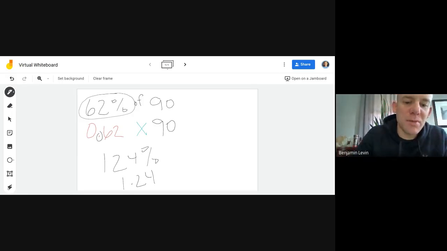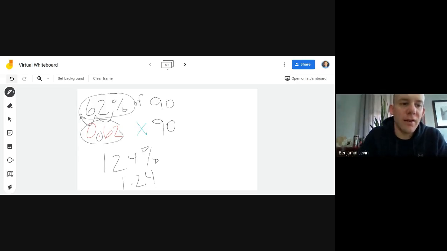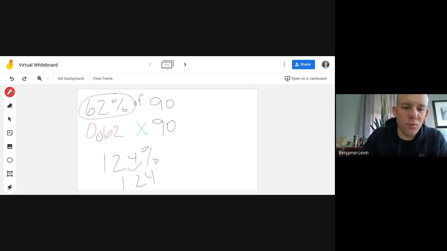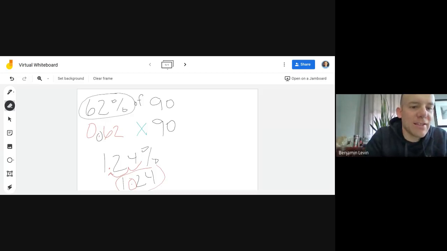If it's between 0 and 99, you're just moving the point right there, 0.62. That's it. For 124%, you're moving the decimal 1, 2, which makes it 1.24. There's the point that we moved. All right. That is the number one priority skill that we need.